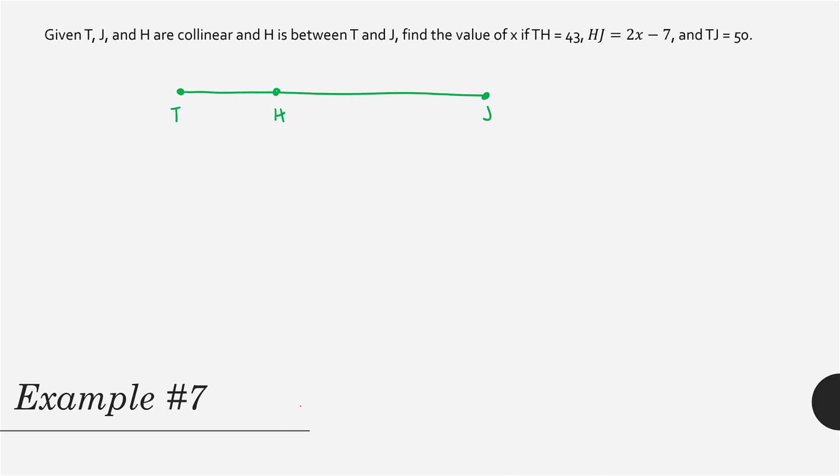Find the value of x if TH is 43, HJ is 2x minus 7, and TJ is 50.